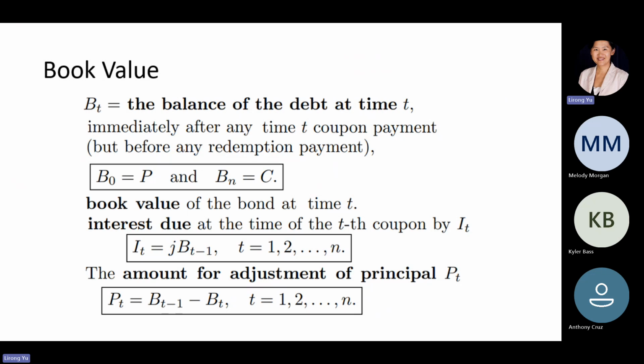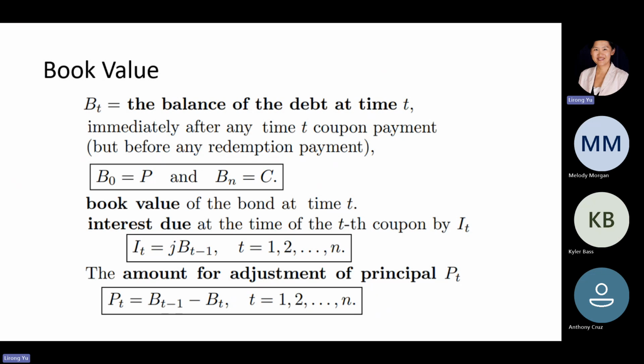So that would be a simple case. Then the relation between P and C fits the relation that we had in chapter 1. Basically, it would be P times V to the power N equals C. Or the other way around, C times V to the power N equals P. P is a present value.